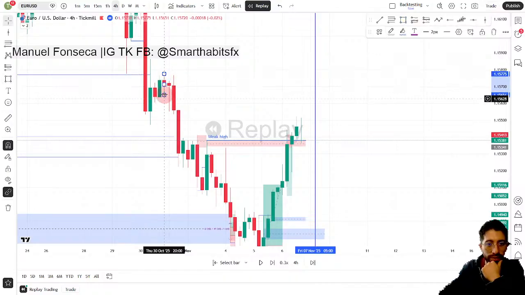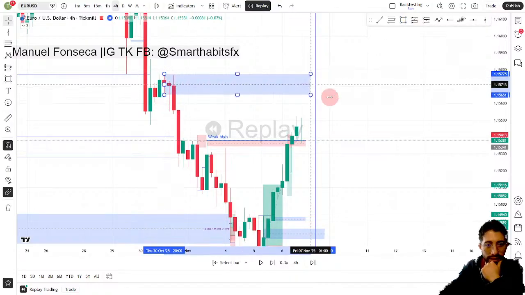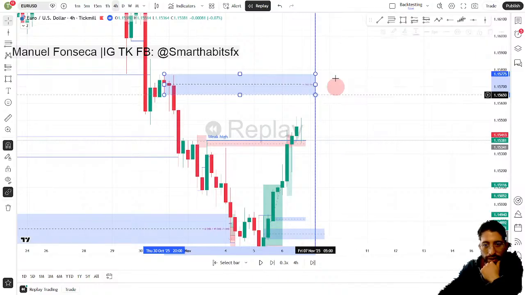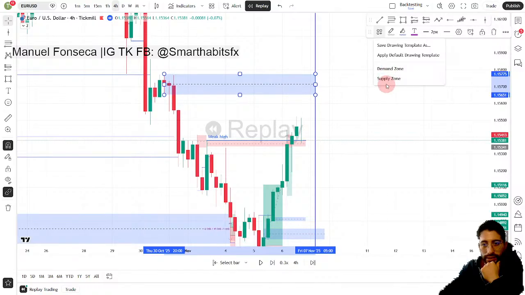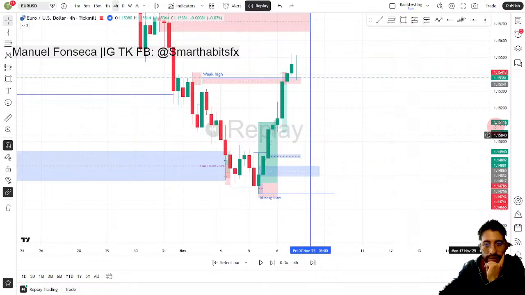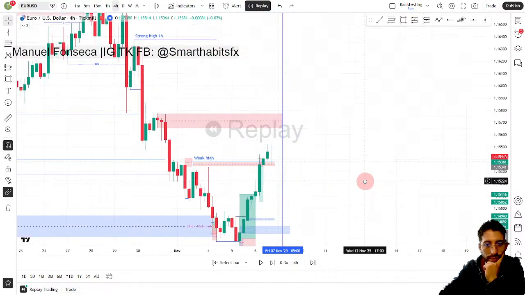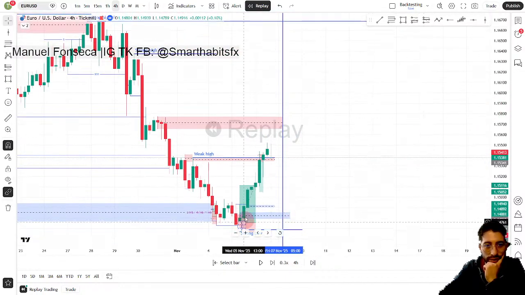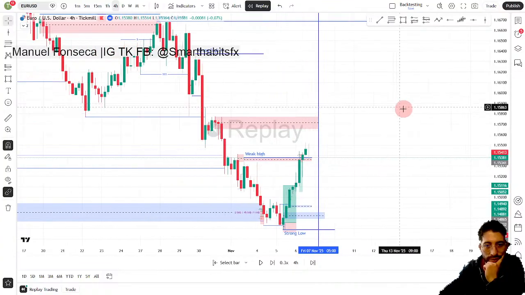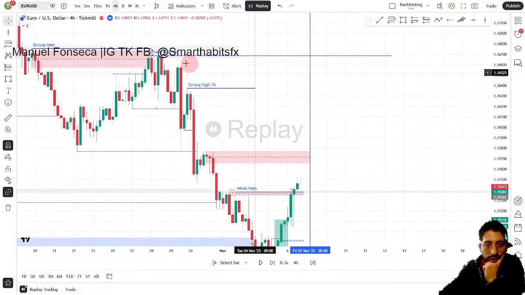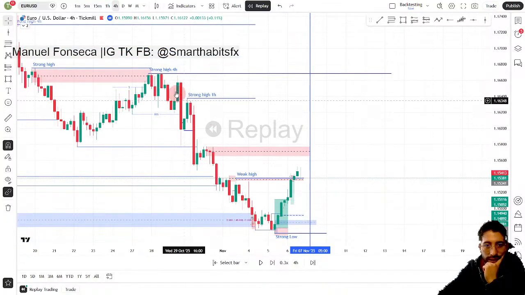And now I will spot zones like this. This supply zone looks more attractive to have a retracement to some of these areas, and then continue with the bullish impulse. Sorry, the 4 hour retracement. Now, in the 4 hour, this is the complete range, right?